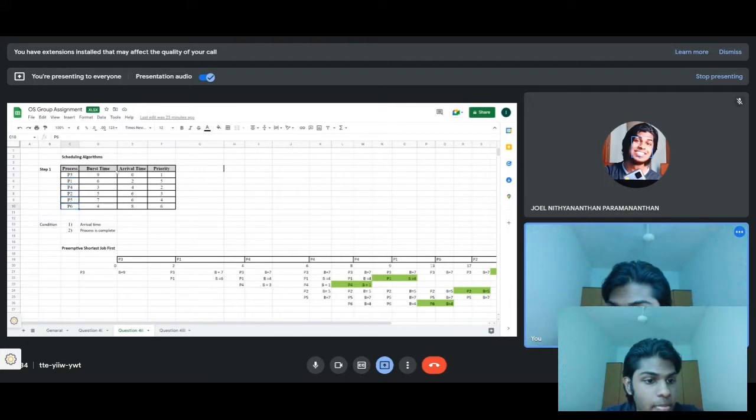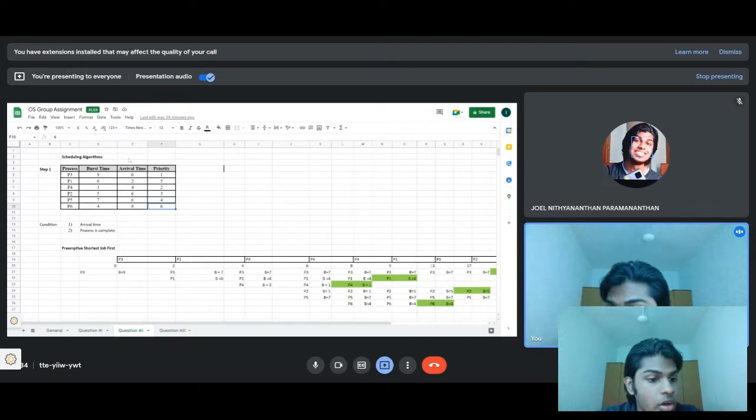The burst times for each process will be 9, 6, 3, 5, 7, and 4. The arrival times are 0, 2, 4, 6, 6, and 8. And priority will be 1, 5, 2, 3, 4, and 6.